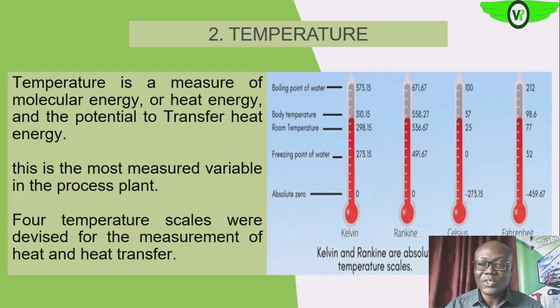In the Celsius scale, the boiling point of water is 100 degrees Celsius and the freezing point is 0, which corresponds to 212 degrees Fahrenheit for the boiling point and 32 degrees Fahrenheit for the melting or freezing point of water.